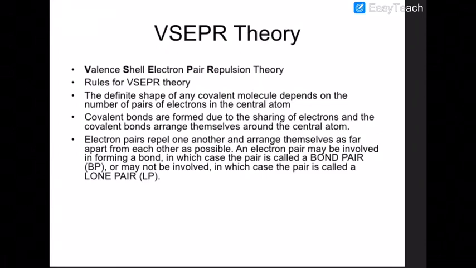According to the valence shell electron pair repulsion theory, the definite shape of any covalent molecule depends upon the pairs of electrons on the central atom.